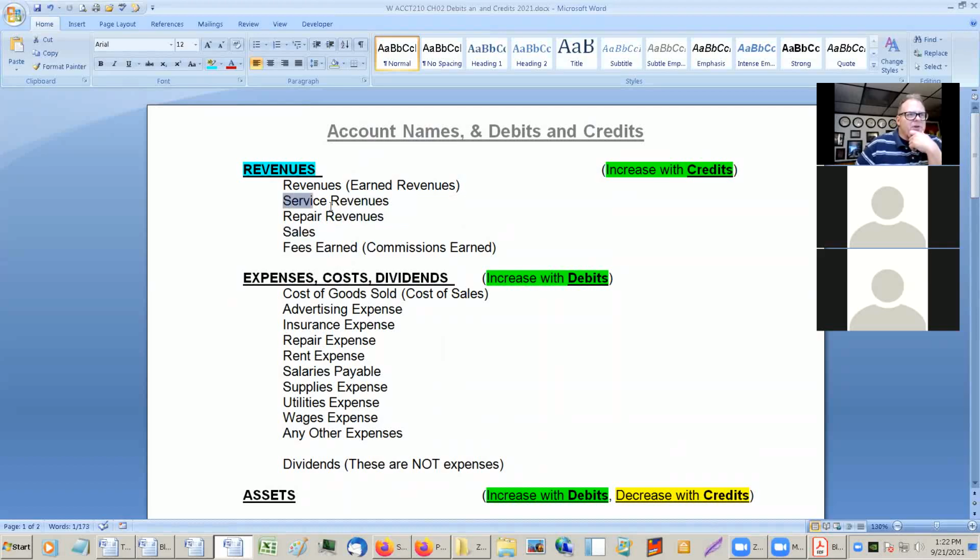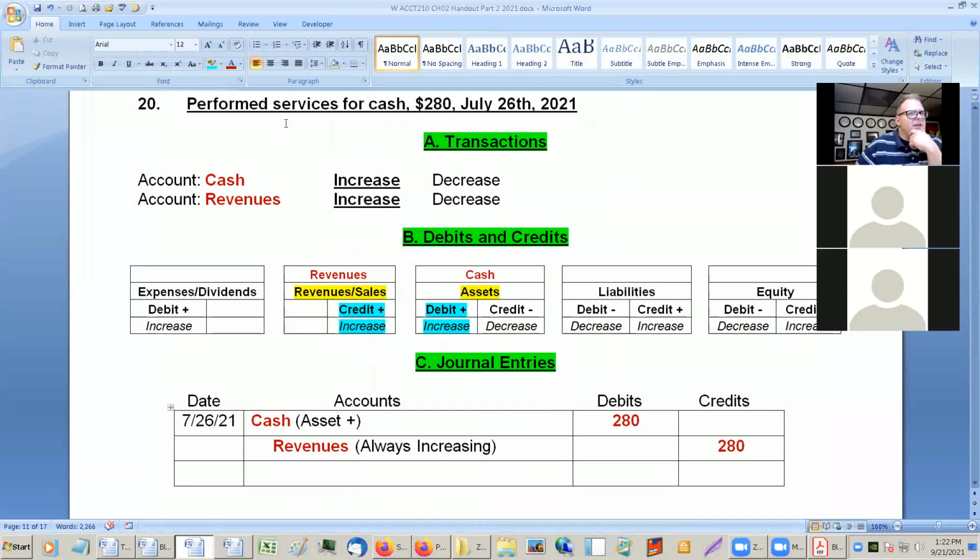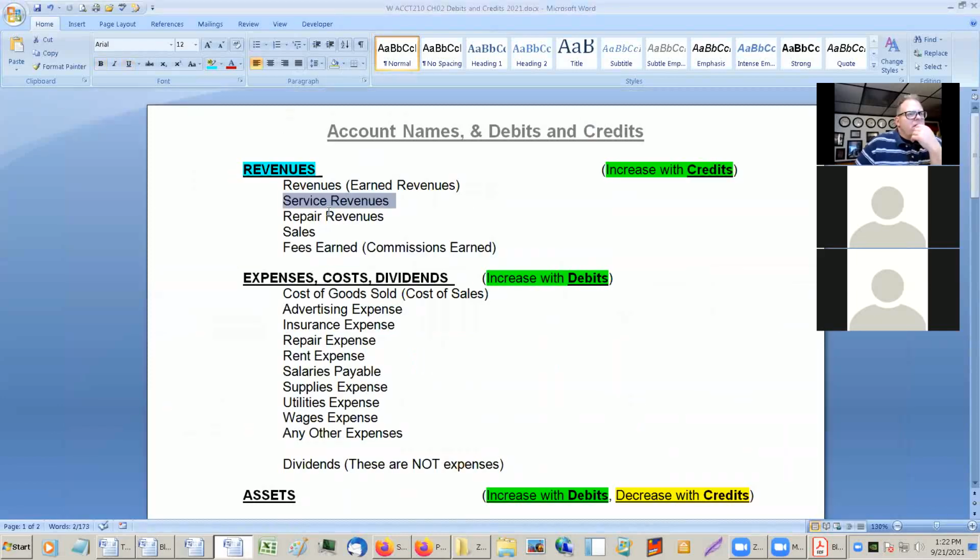They could be more descriptive. They can be service revenues, like this one we may have called service revenue, or repair revenue.